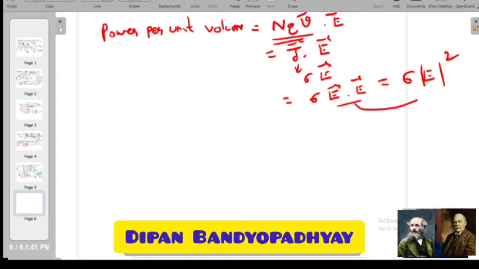We have already explained that the dot product of two vectors will depend on just the magnitude.